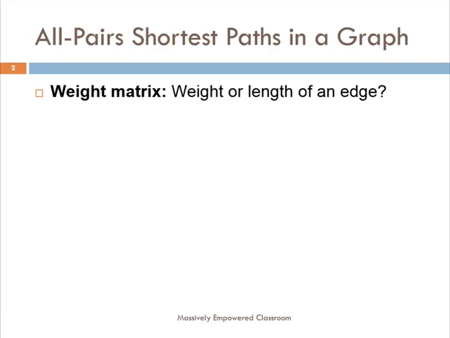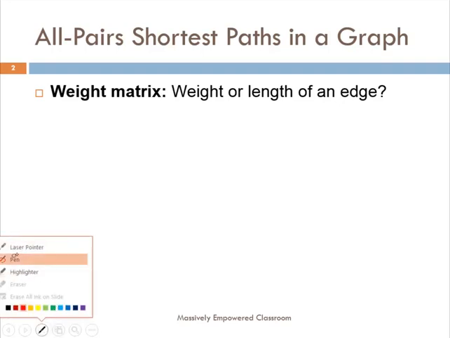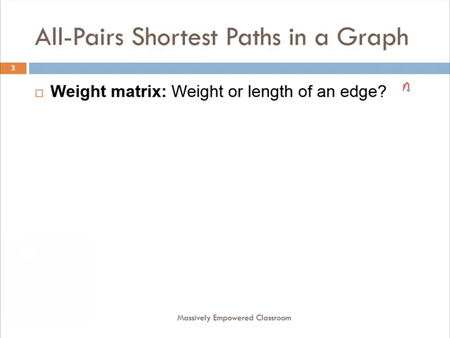So the all-pairs shortest path problem is: given a graph where we have a weight matrix, that is, the length of each edge or the distance or the cost of each edge in the graph is given to us in a matrix form. For example, if there are n nodes in the graph, then this matrix will be an n by n matrix.